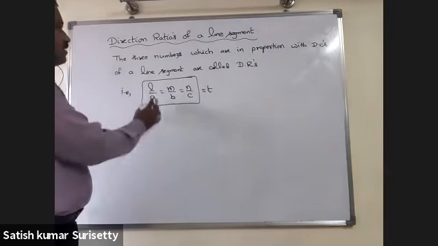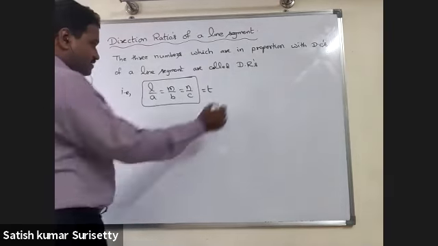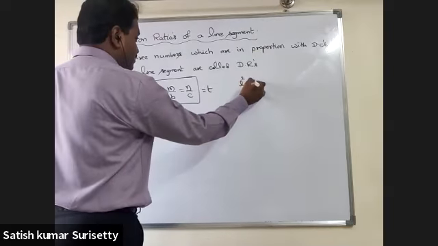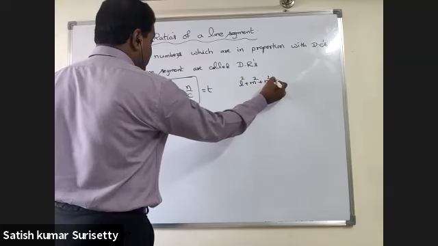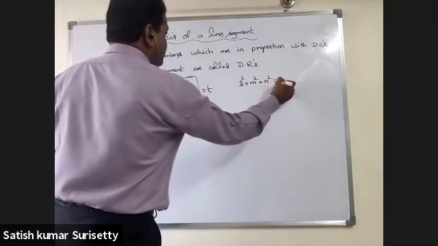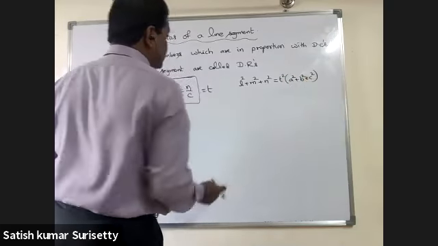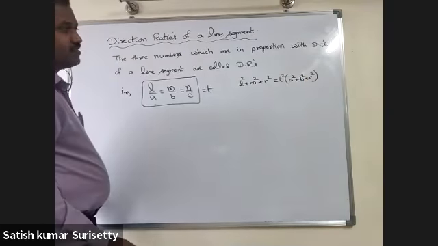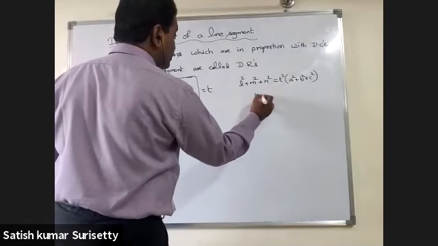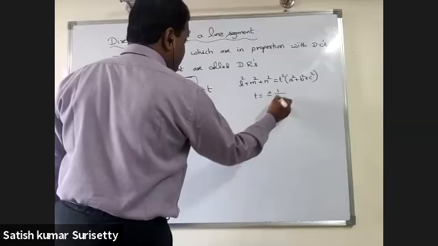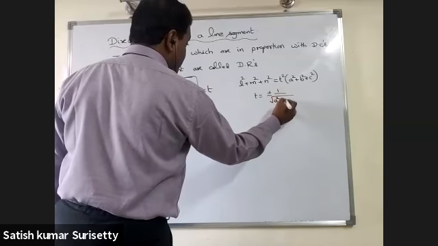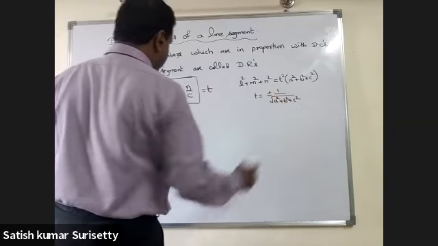Now cross multiply and use the relation between direction cosines. So L square plus M square plus N square equal to T square into A square plus B square plus C square. But L square plus M square plus N square equal to 1. So T equal to plus or minus 1 upon root of A square plus B square plus C square.